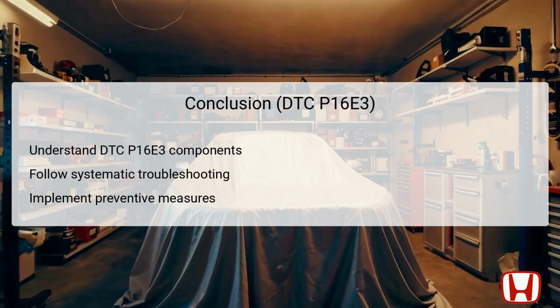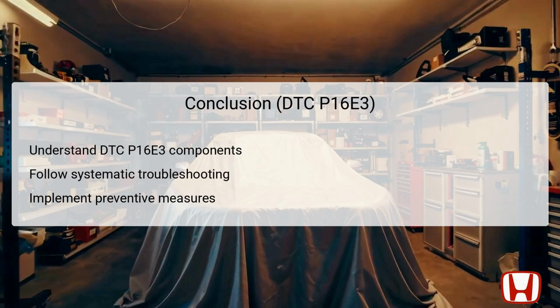In conclusion, diagnosing and troubleshooting the DTC P16E3, indicating a PGM-FI-Battery sensor LIN communication error, requires a systematic understanding of the involved components and their operation. Following the outlined troubleshooting steps methodically can lead to effective identification and resolution of the core issues causing the error.